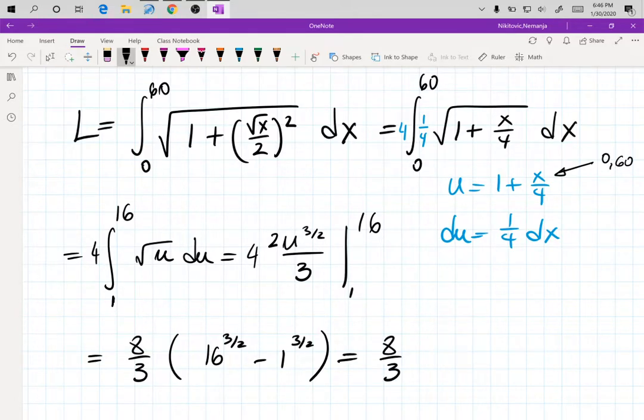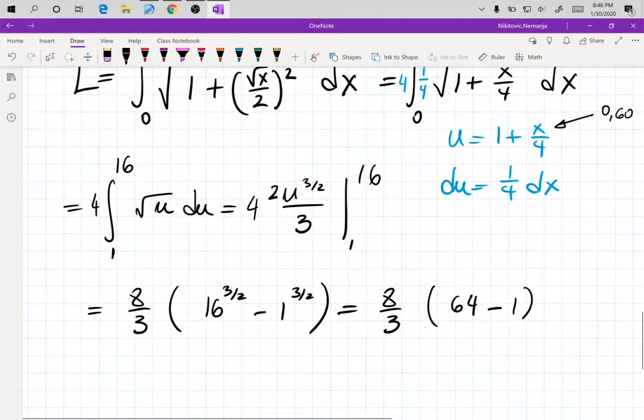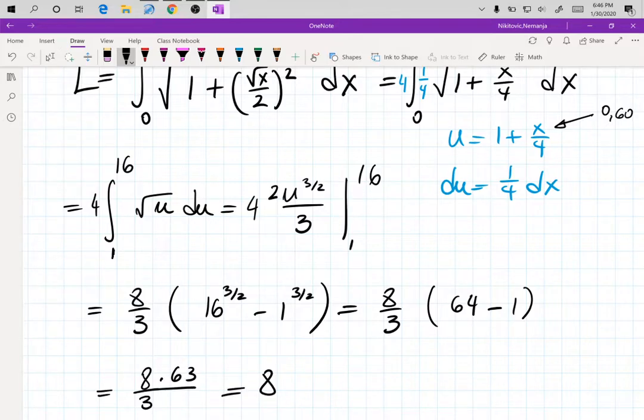The square root of 16 is 4. 4 cubed is 64. Minus 1, well, that's 63 and cancels with 3. So that's 8 times 63 over 3, which is 8 times 21, which is 168.